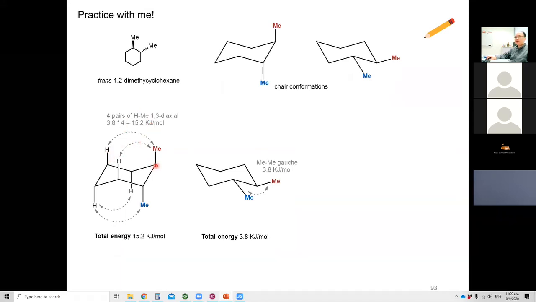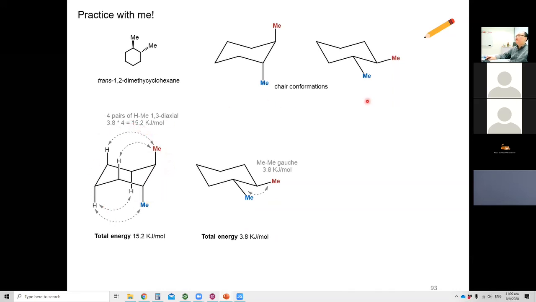And do they have a gauche interaction? No, because this methyl is pointing up and this methyl is pointing down. Their dihedral angle is 180 degrees, so they don't have any torsional strain. So the total is 15.2.